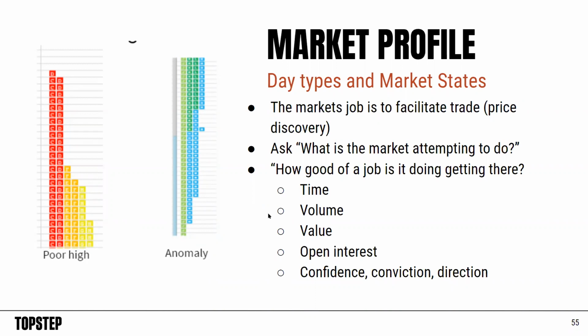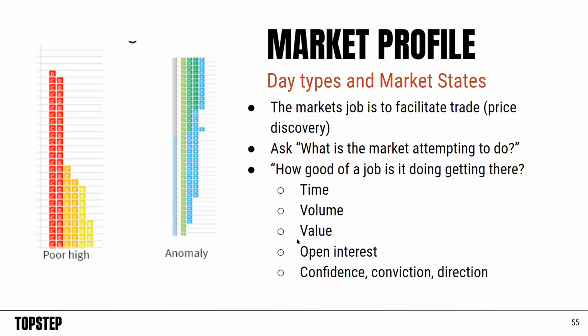If the market is directional, you've got to be asking yourself again, the market is attempting to go higher. How good of a job is it doing getting there? We've talked about how price is validated through time. The price is the advertising mechanism, and volume is the driver of that advertising mechanism.